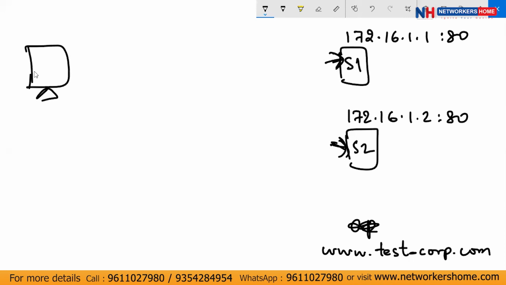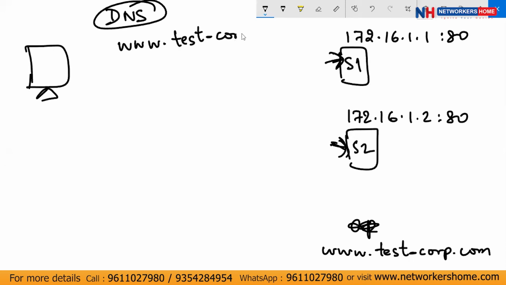In the initial days, this was achieved by DNS. On the DNS server, two records were created: 172.16.1.1 and 172.16.1.2.